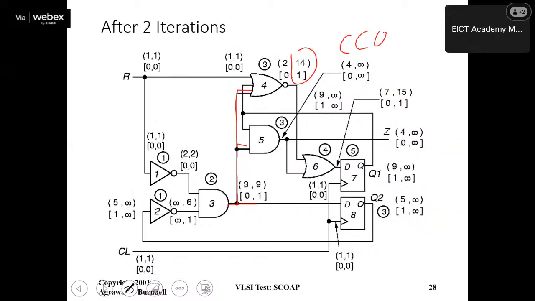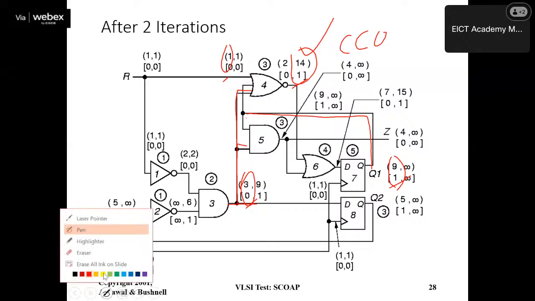So CC1 of this is equivalent to the sum of CC0s for all. So what is the updated value? The value which was infinity over here has been updated to 9 1. Just add these values: 9 1, this is 1 0, and here it is 3 0. So 9 plus 1 is 10, plus 3 plus 1 is 14, and 0 plus 1 plus 1 is 1. So it becomes 14 1.